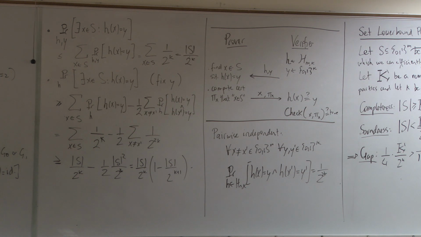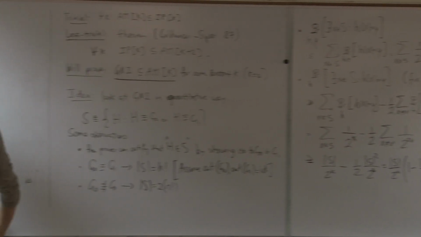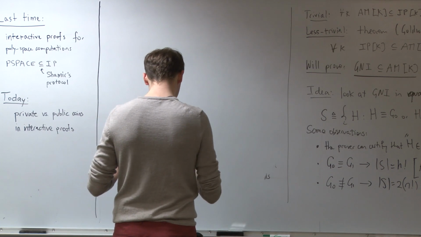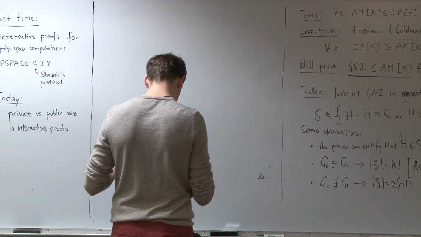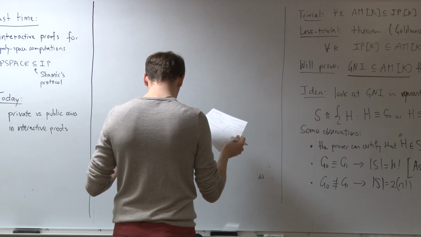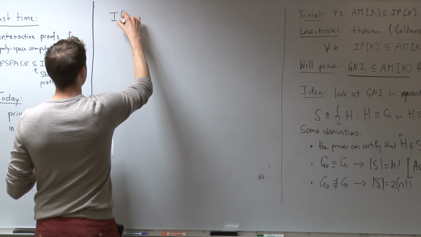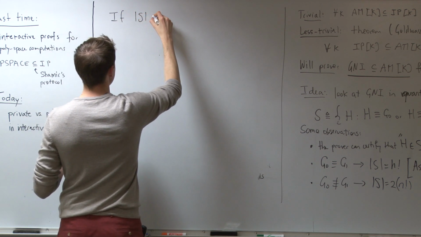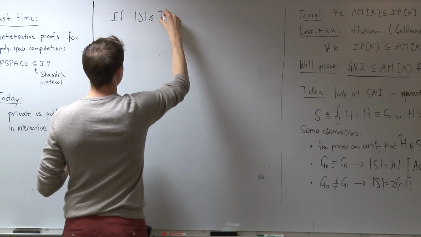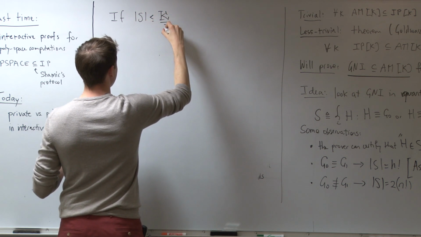All right, so now where do I want to make some space? All right, let me just go here so we keep the graph non-isomorphism part. All right, so if S, let's start with soundness first, is less than k over 2, what can we say?